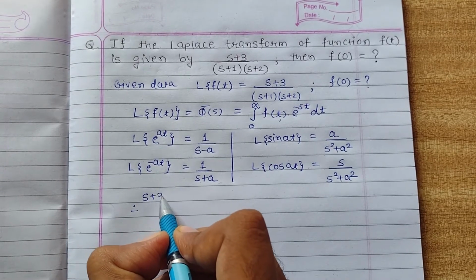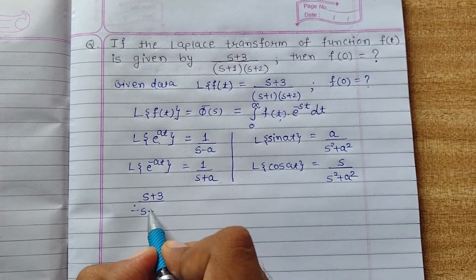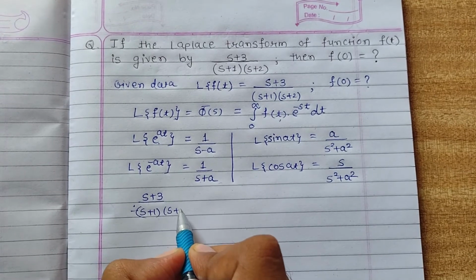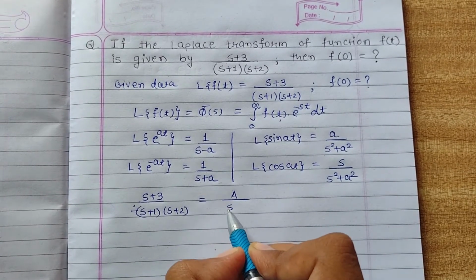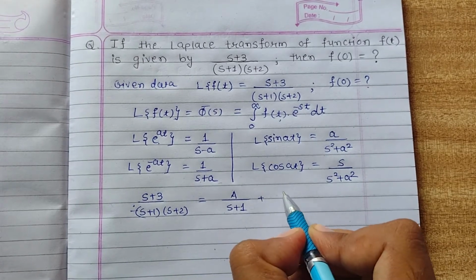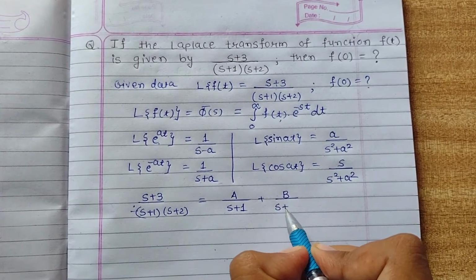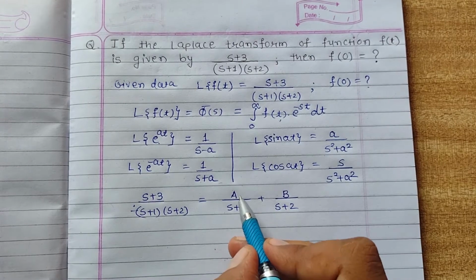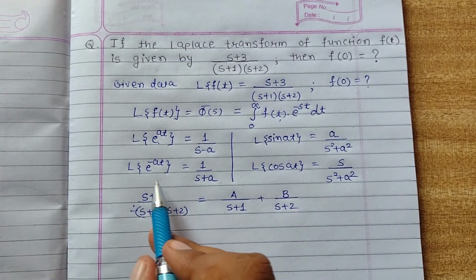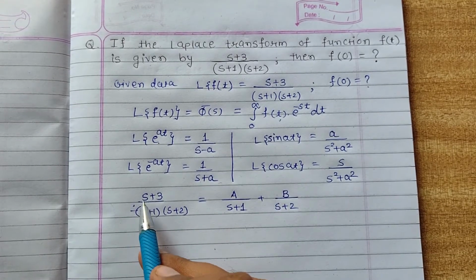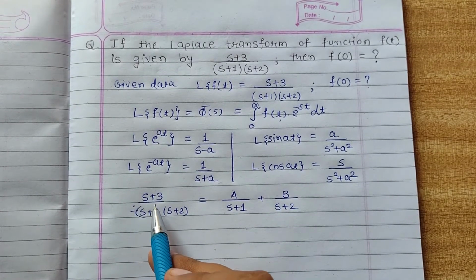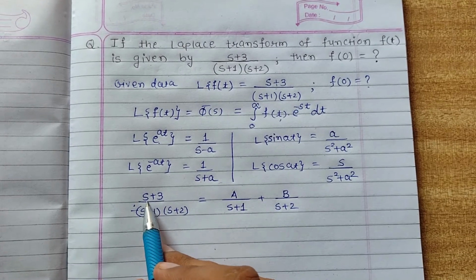So (s plus 3) divided by (s plus 1)(s plus 2) is equal to, let's say, one part having denominator s plus 1 and the other part having denominator s plus 2. Now we have to find out the values of a and b in such a way that it will satisfy this condition, and we will get our original function.